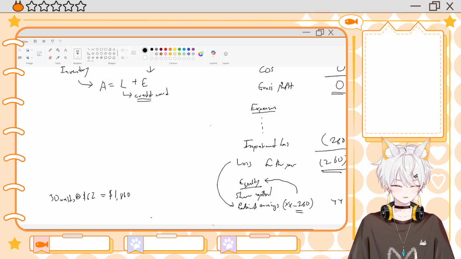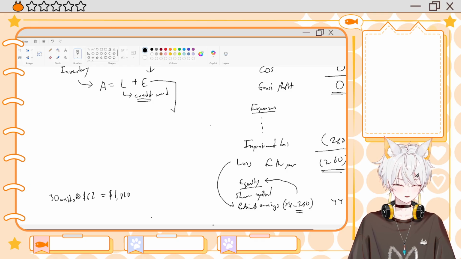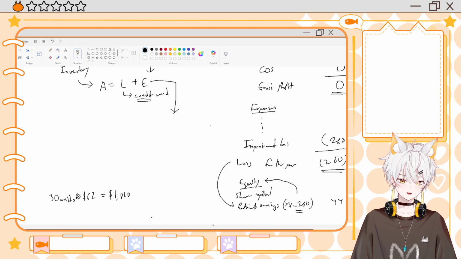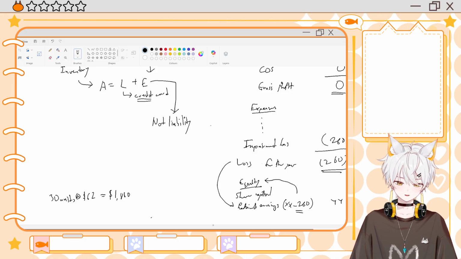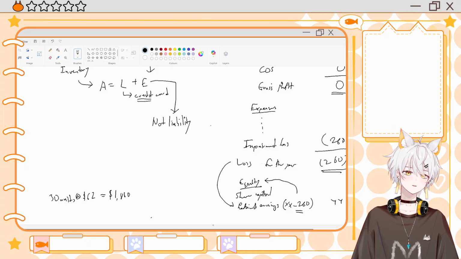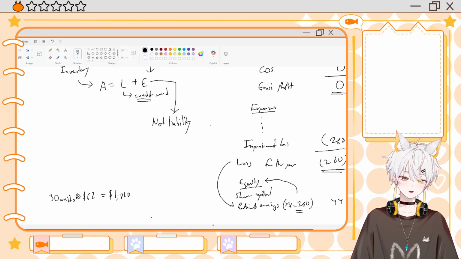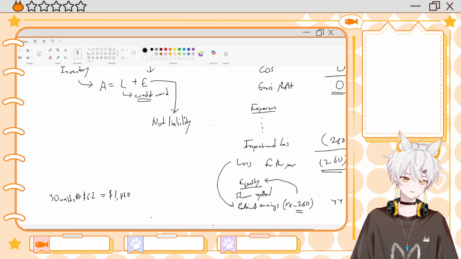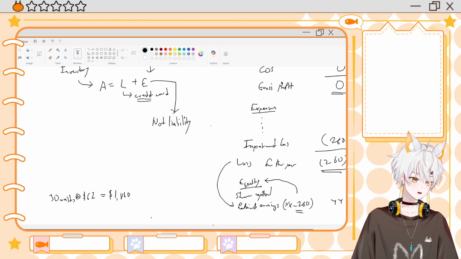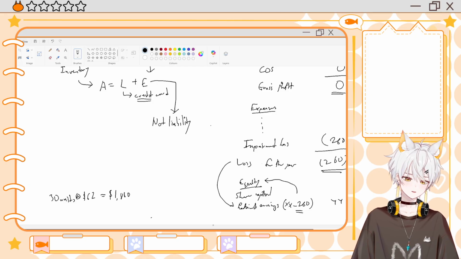So maybe a little more explanation about what equity actually is. The proper definition is just that it's not liability. The reason why is quite straightforward if you can follow it. Basically, you see a company, all of its assets, its building, all that, it all came from somewhere, correct?